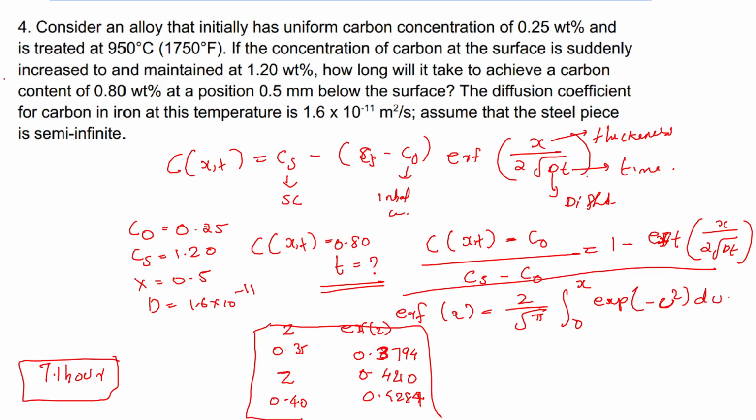Actually, within this error function, I am getting 62500 divided by square root of t. Okay.